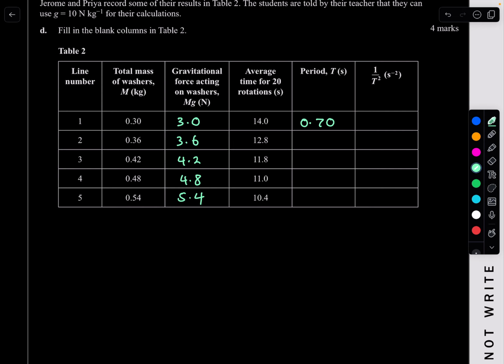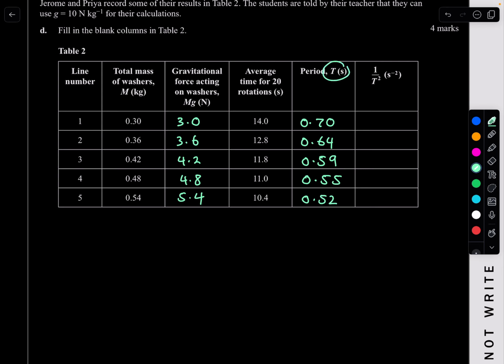The next one's 12.8, so 12.8 divided by 20 is 0.64. 11.8 divided by 20 is 0.59. 11 divided by 20 is 0.55. 10.4 divided by 20 is 0.52.